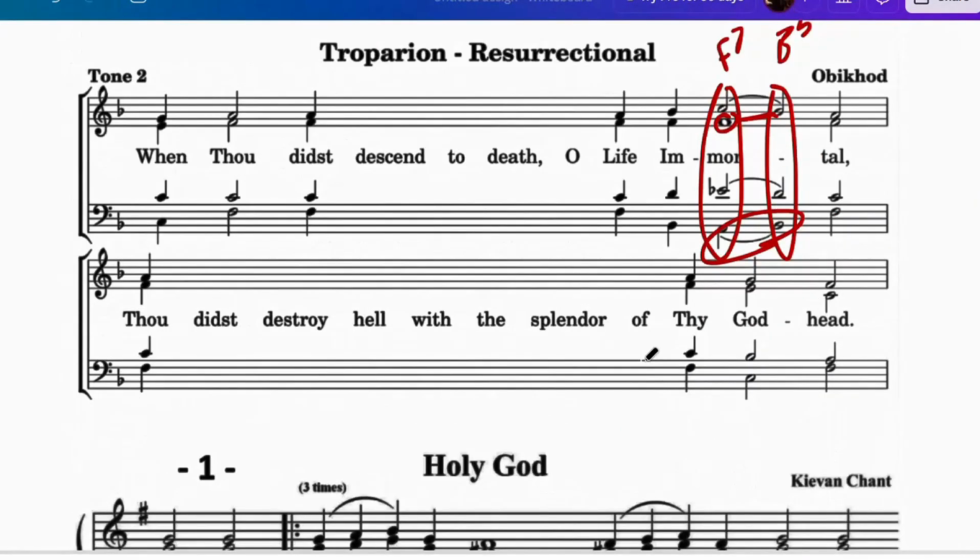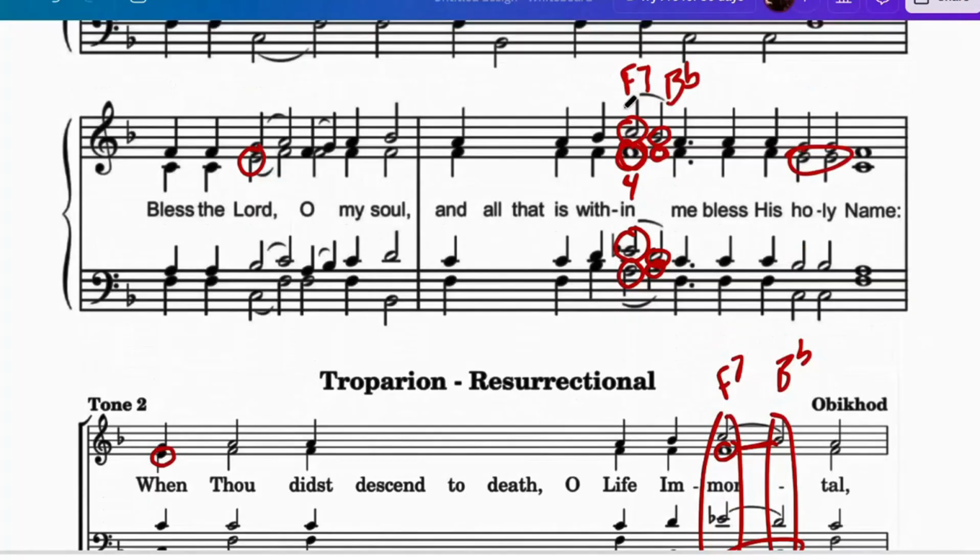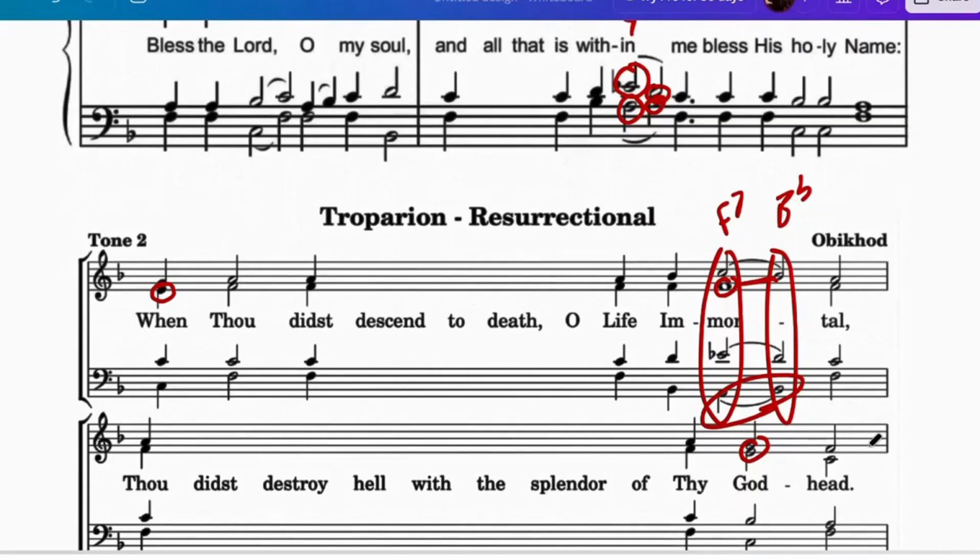It's down here too, probably. Yeah, actually the very first chord has an E natural. There it is again. So it's only a few times that it does this, and that's just to give it the effect of leading us from the F7 to the B flat.